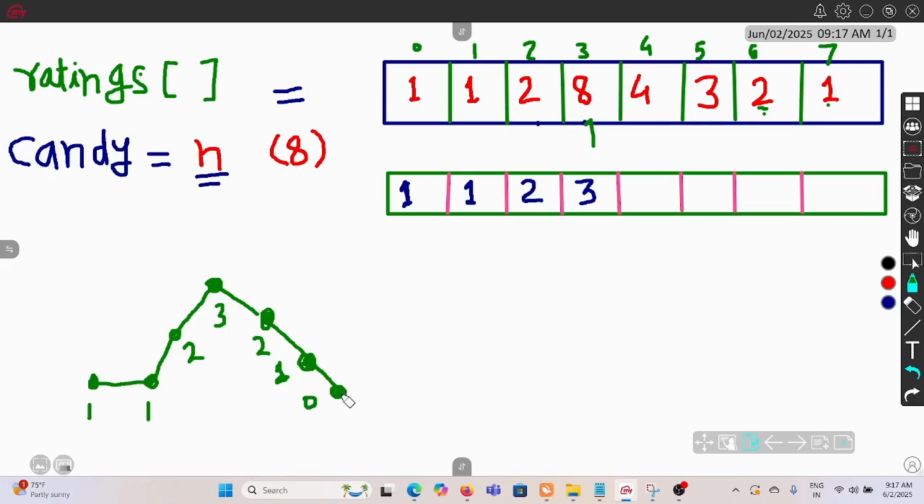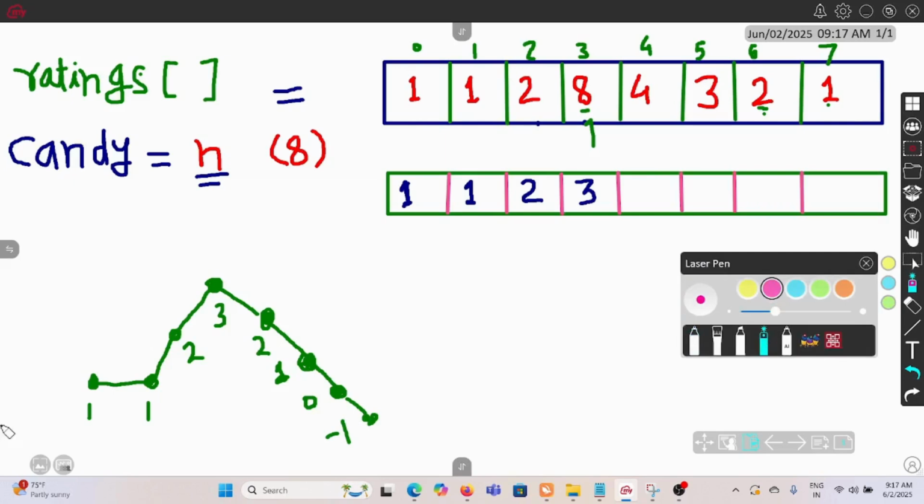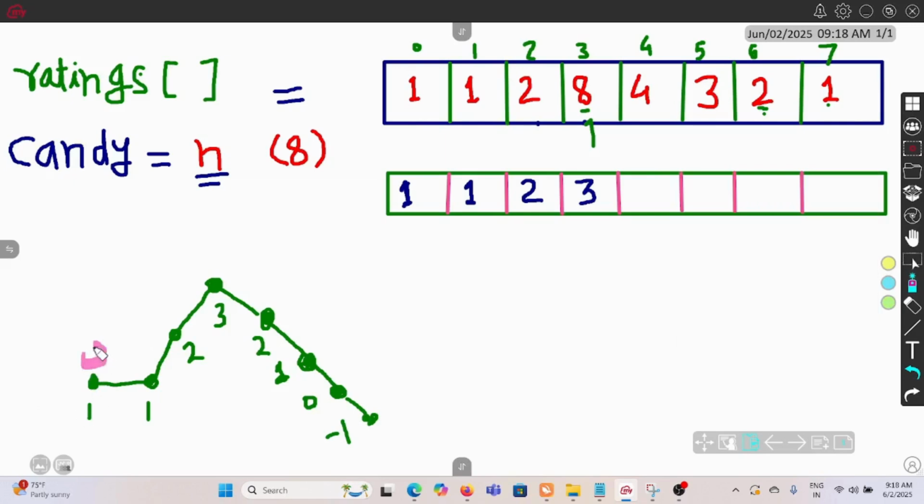So what should we do? You can visualize here, till 8 we got 3, then we got 4, 3, 2, 1. So this guy got 4, 3, 2, and the last one should then be getting -1 if we go this way. You can consider what we have done here: the 0th guy got 1, and the guy having index 1 also got 1.